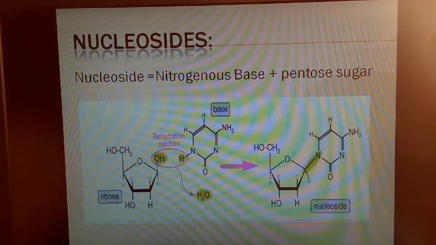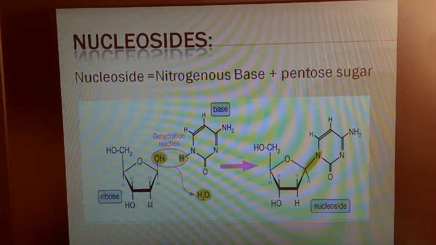We have studied that, but there is a mistake in the structure here. If you are making a note of it, just change the name to deoxyribose. It is a pentose sugar which is deoxyribose, because on the second carbon we don't have an OH group.